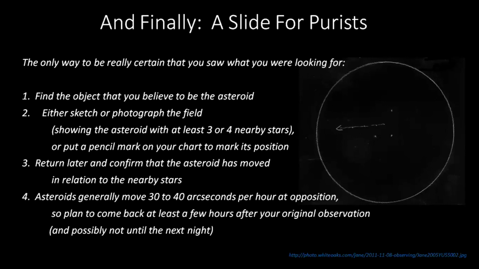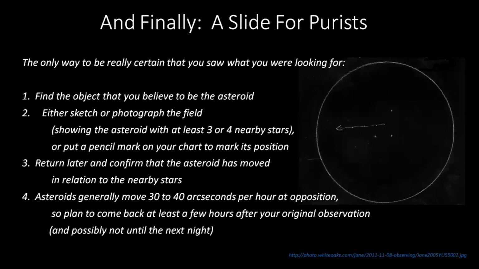I think even a purist would let you photograph it, although some might insist that you sketch it, showing at least 3 or 4 stars nearby for context. Or what I used to do when I cared about this was put a little pencil mark on the star chart to show where the asteroid was the first time I saw it.